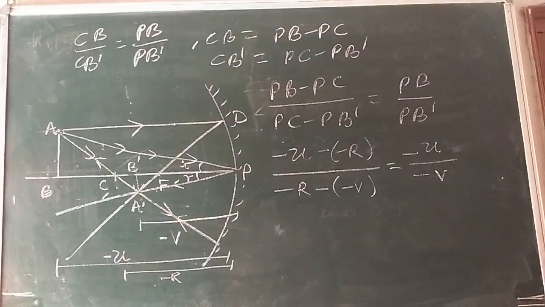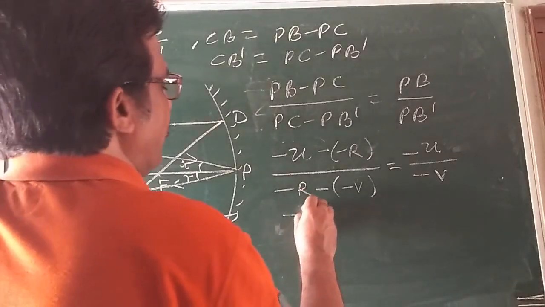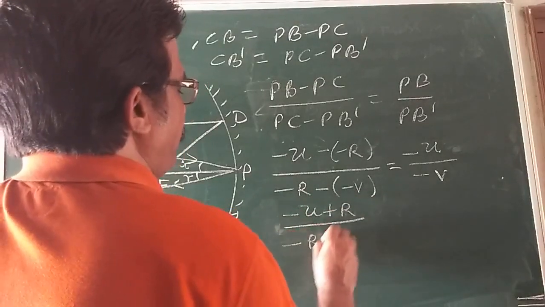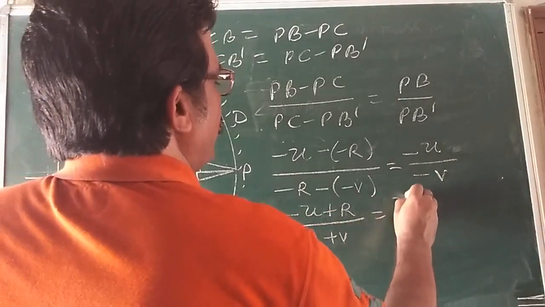So what is that? Minus U plus R divided by minus R plus V is equal to U by V.